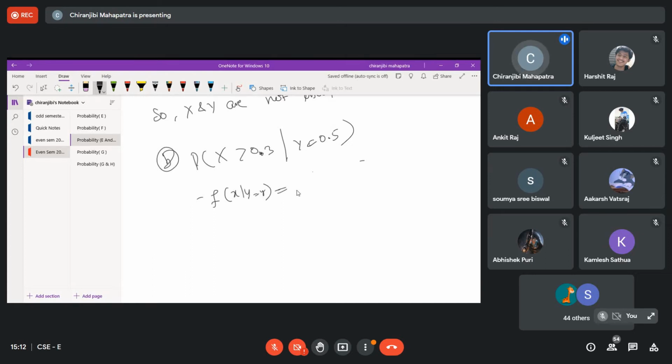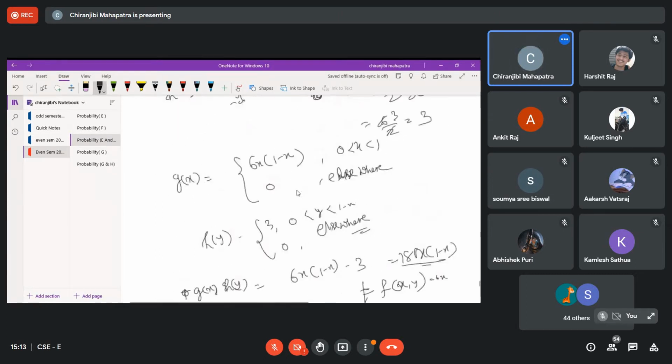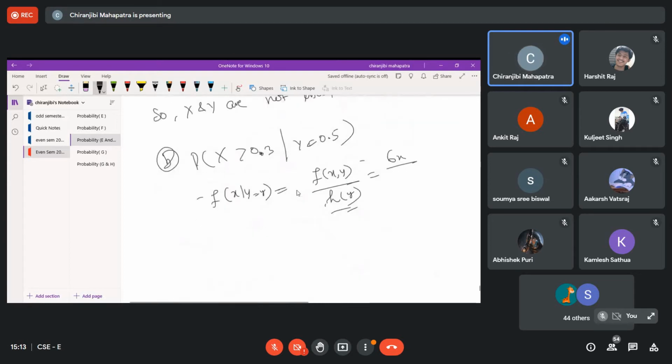So that value is equal to f(x, y) divided by the marginal distribution of y. So the marginal distribution of y, just find it out. f(x, y) is 6x divided by the marginal distribution of y. Marginal h(y) क्या है, 3. ठीक, so this will be equal to 2x.